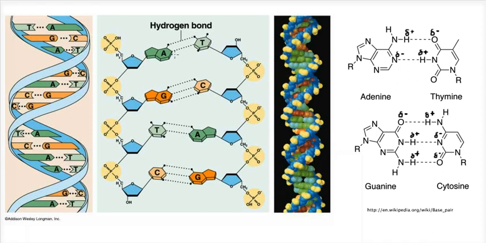Now, on the other strand of DNA is the same types of nucleotides, but you'll notice immediately that their orientation is different. So DNA is a double-stranded molecule. So this single strand is bonded to this 2nd strand.